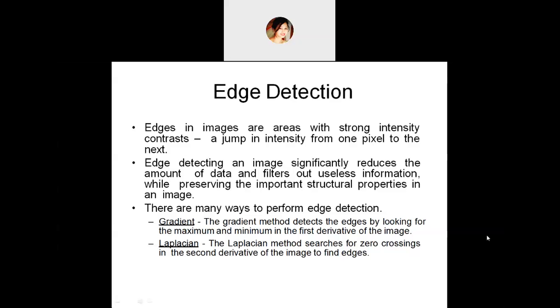I am fully sure you have come across this term in mathematics, right? What is a gradient? Gradient is nothing but the slope, right? Slope or gradient. Remember what is a slope?